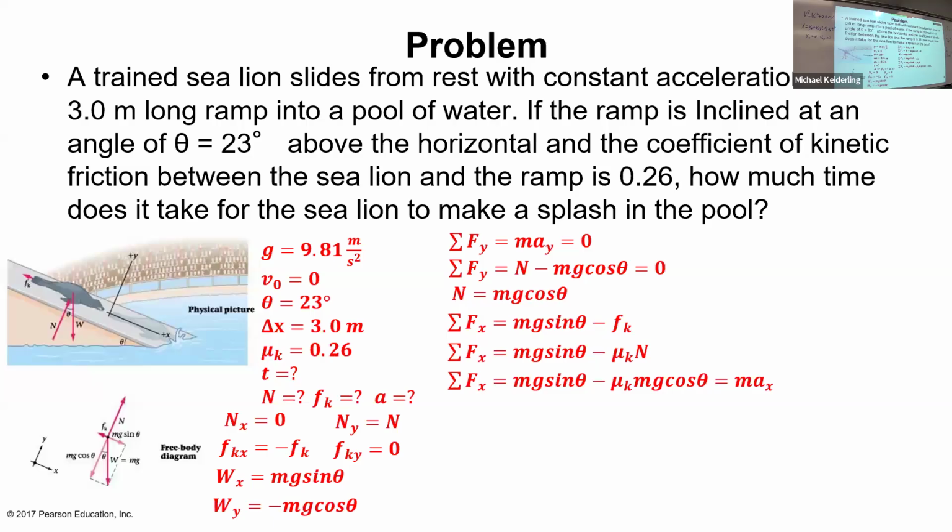One thing you might see is all of these terms have a mass in them. So if we want to find acceleration, we can divide everything by mass, and we get the acceleration in the x direction is g sine theta minus mu kinetic g cosine theta.